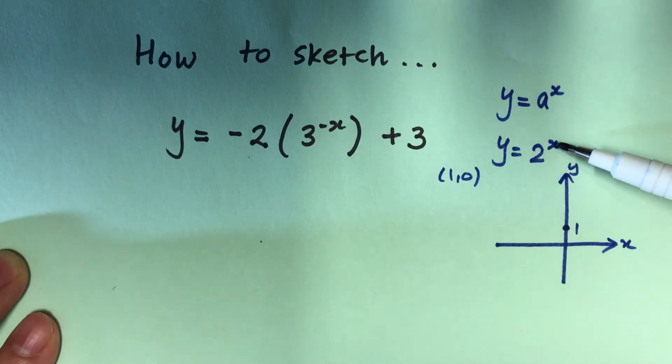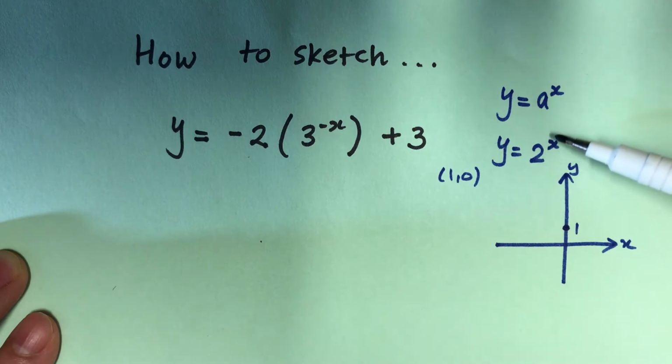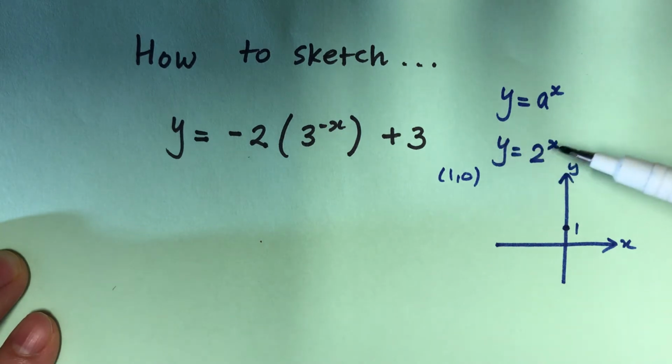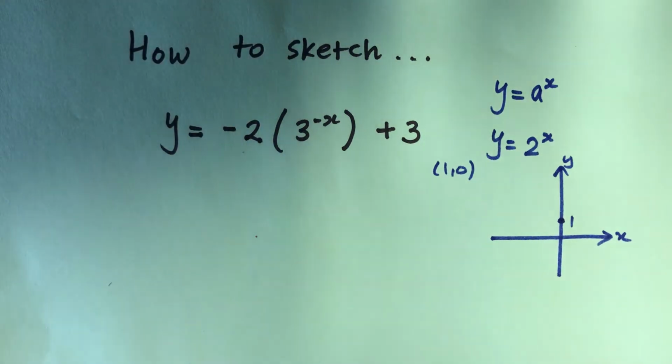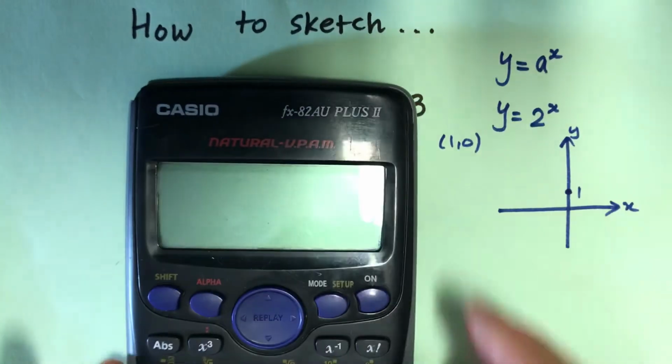So power of 0 is going to be 1. Remember the index law, anything to the power of 0 is 1. But what happens if it's negative? What about negative powers? Okay, I'll show you.